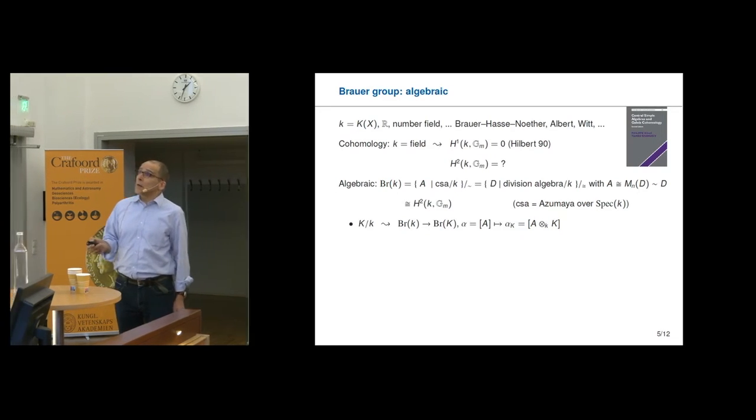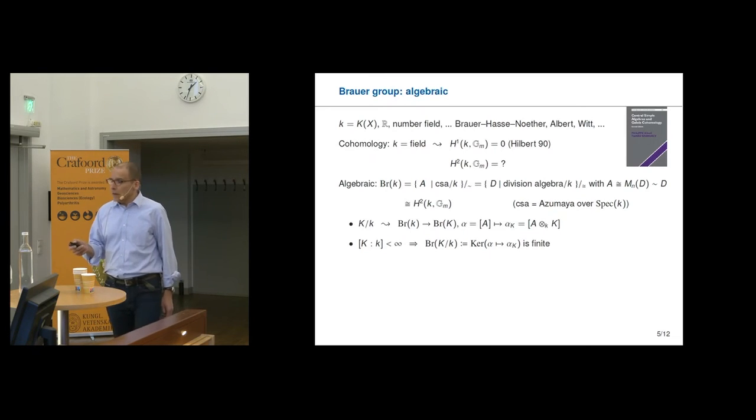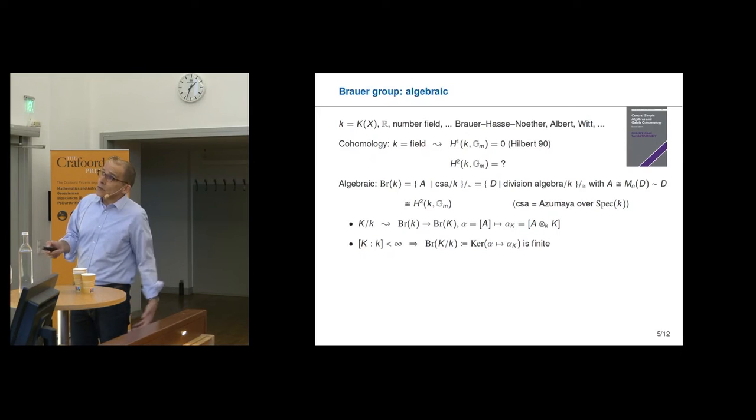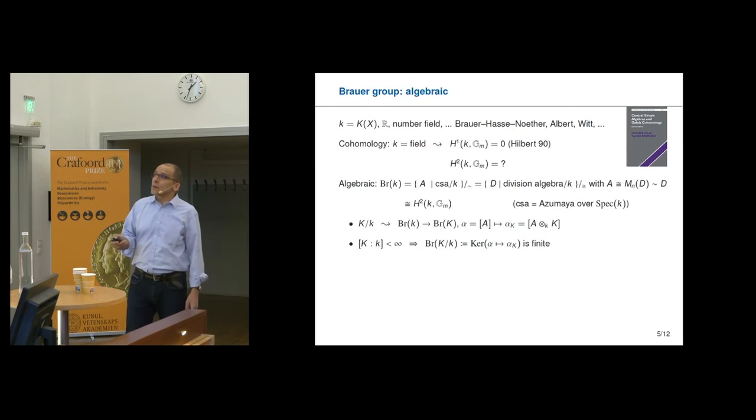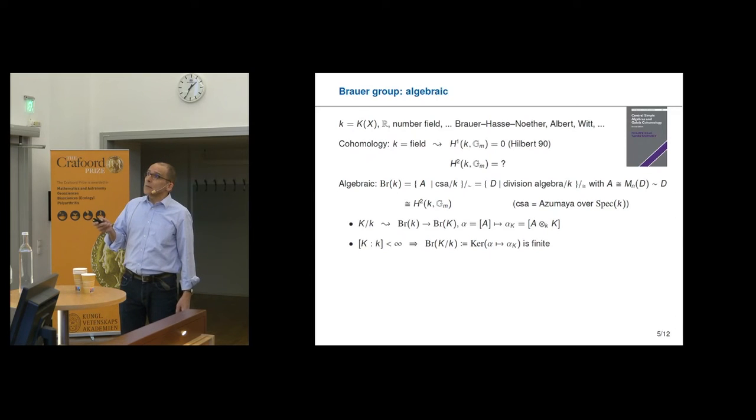This map is usually not injective, but you can say if the field extension is finite, the kernel, which is this relative Brauer group, is in fact a finite group. So sometimes going to a bigger field, you lose information. Indeed, that fits with the Azumaya description, because these are classes that after base change become trivial. So this better have a kernel in general.